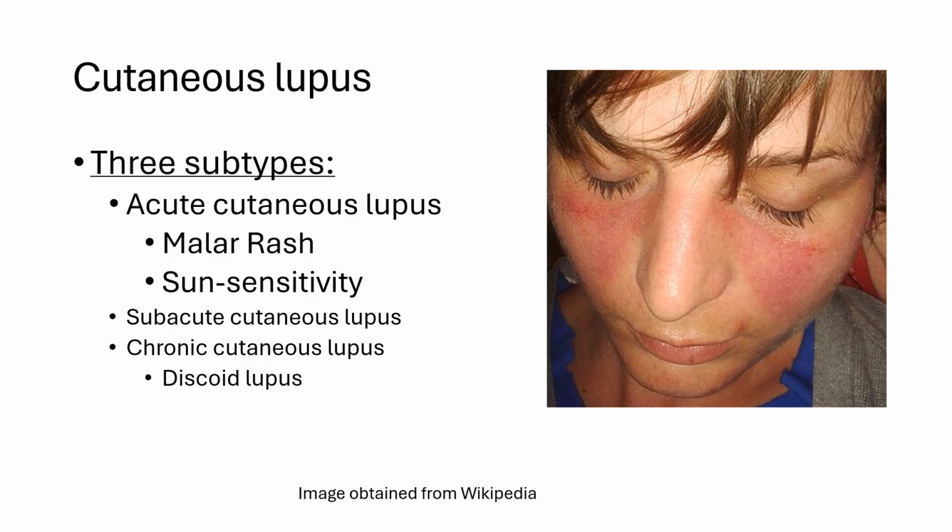Now, this malar rash becomes challenging because it's very common for people to get red cheeks. We see this a lot with rosacea. Sometimes people just get a flush when they exert themselves or get stressed.